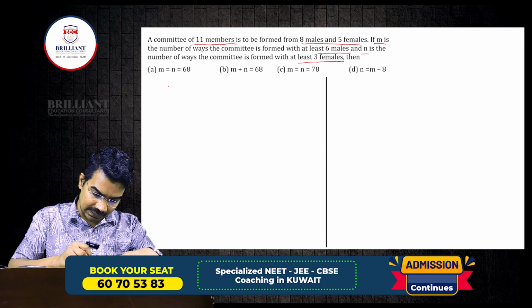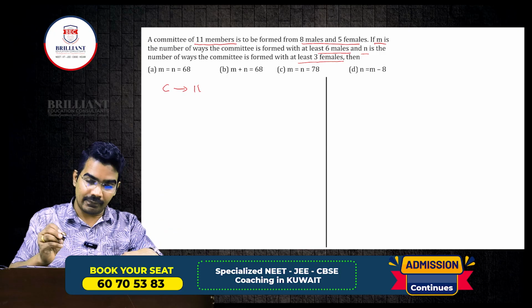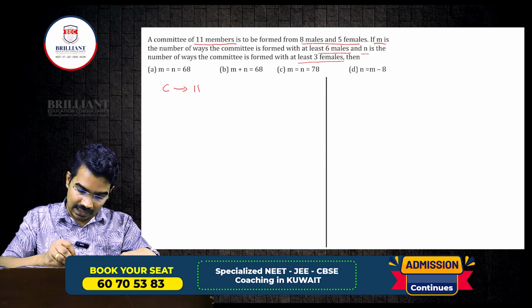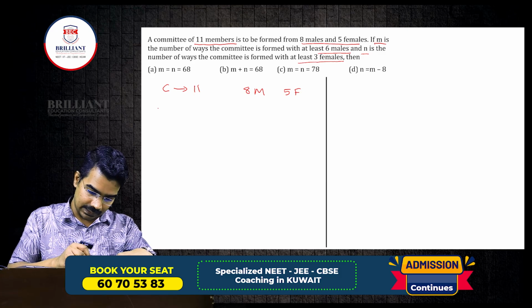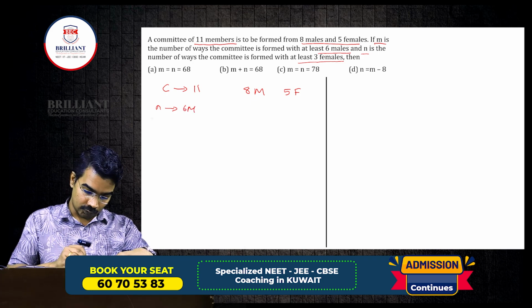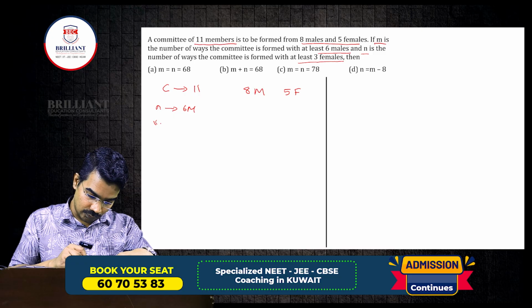So the total committee should contain 11 members and we have 8 males and 5 females. So first let's take N. N is where minimum 6 males should be there. Okay. So value of N.